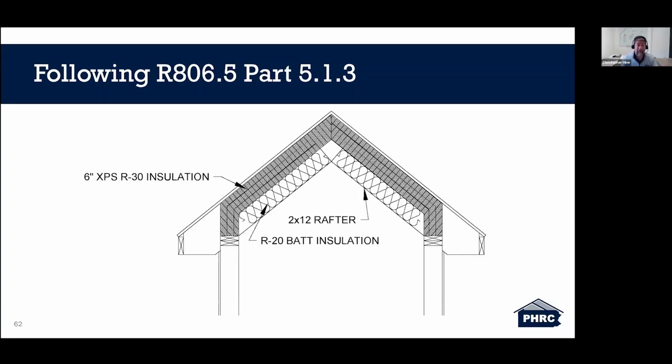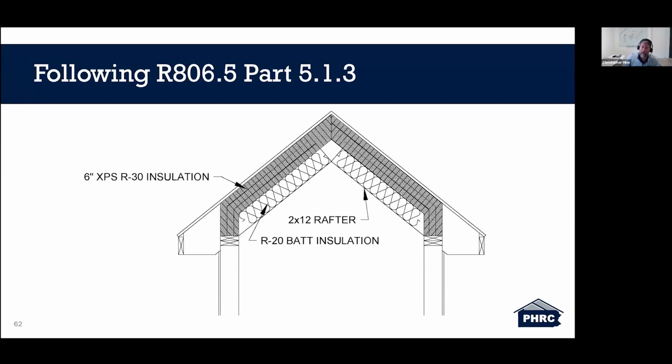We meet the intent of the table as we have R30 impermeable insulation. So we're greater than, as I stated, R20 in climate zone 5. Then we back that with batt insulation or air permeable insulation to create our total assembly as listed in part 5.1.3 out of the IRC.